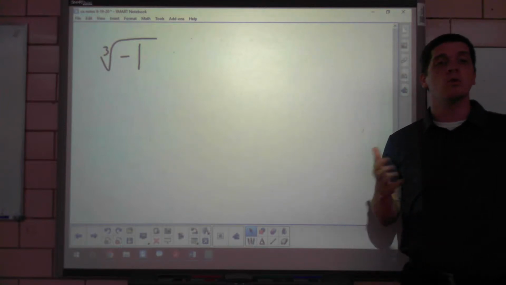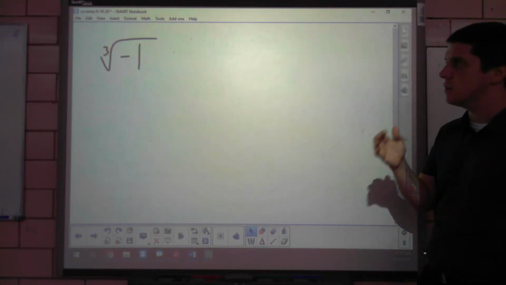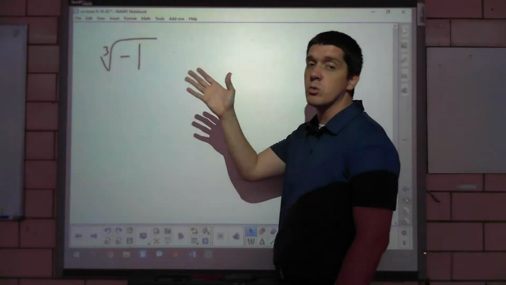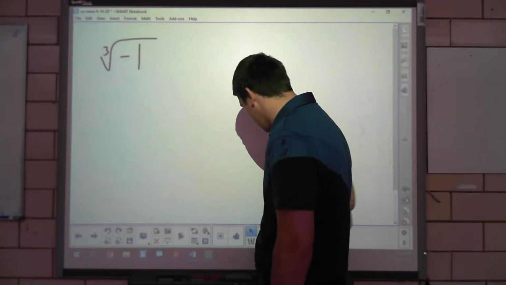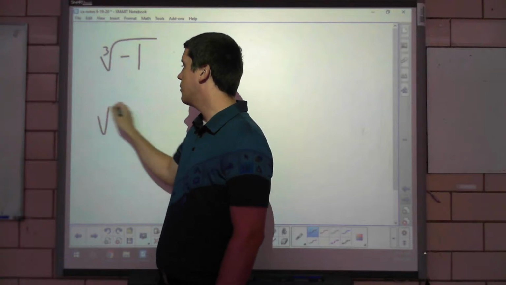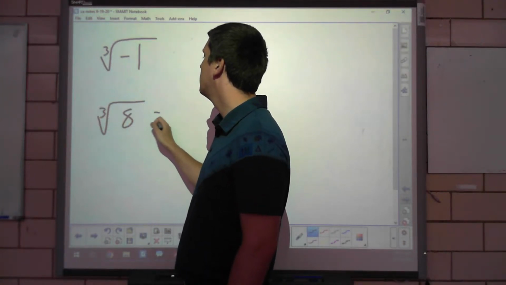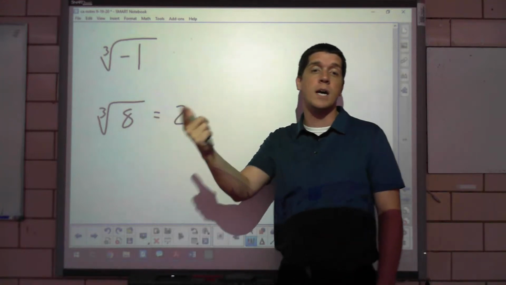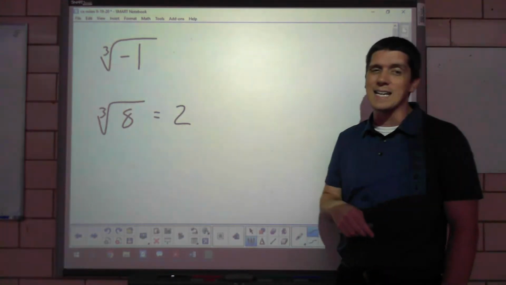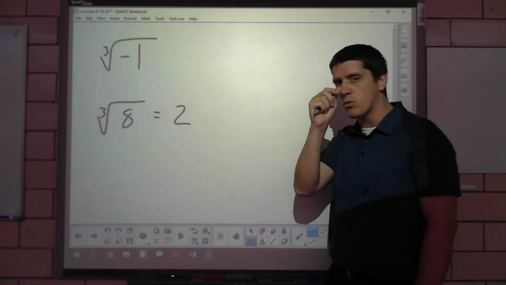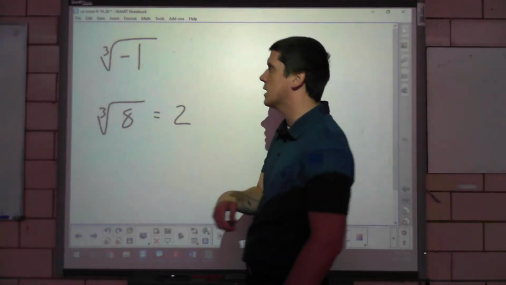So, since we're talking about square roots, we do need to talk about other types of roots here. Now we're talking about a cubed root. So we're saying what number times itself times itself. I should have started off with this, I mean, we talked about this a little bit. When I say the cubed root of 8, that's simply 2, because 2 times 2 times 2 gets us to 8. We talked a little bit about those back at the beginning.